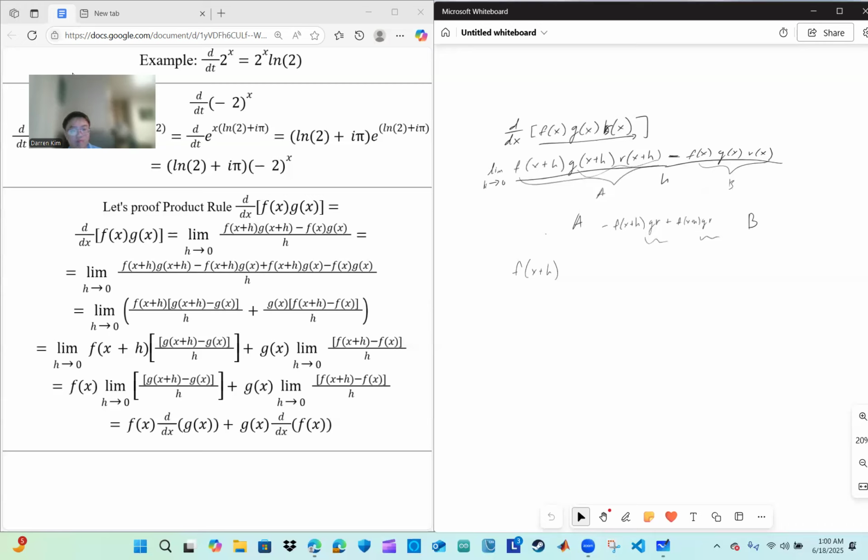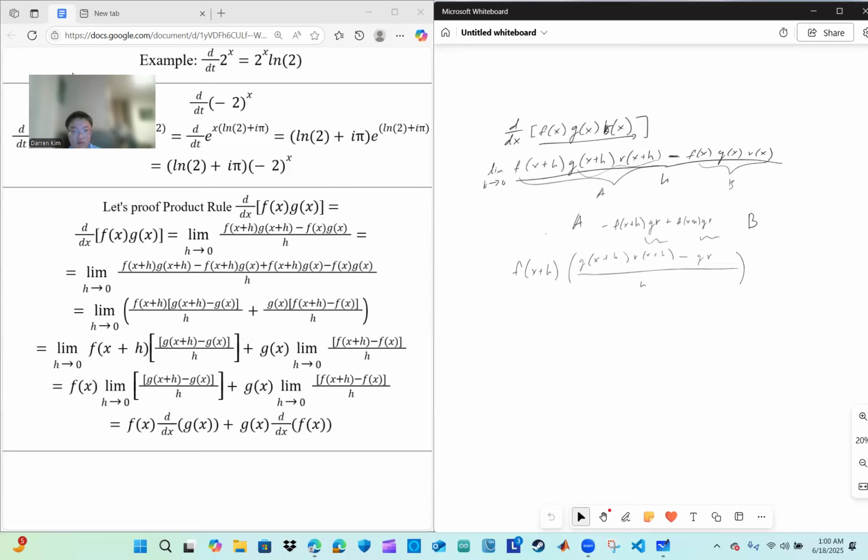Am I wrong? No, I think I'm wrong. No. So we have g(x+h), and then we have r(x+h), in parentheses. We have minus g and r, divided by h. We transfer the information over here.